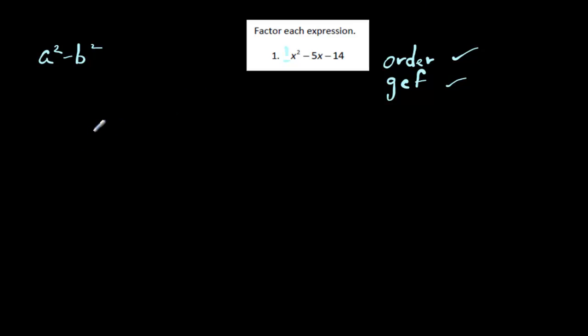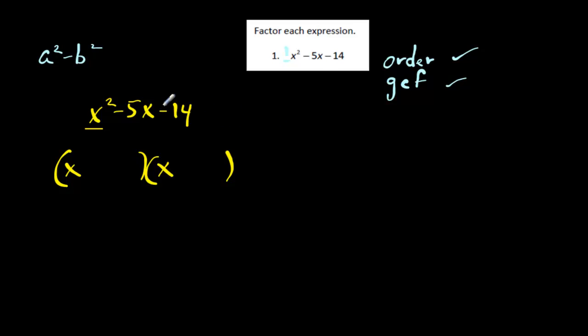So what we're going to do is factor this the easy way. Write down your two sets of parentheses. The x squared is a result of the first in FOIL. So x times x would give you that first term. X times x is x squared. The next thing we want to do is read the signs.